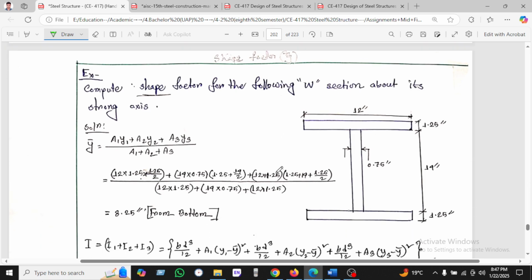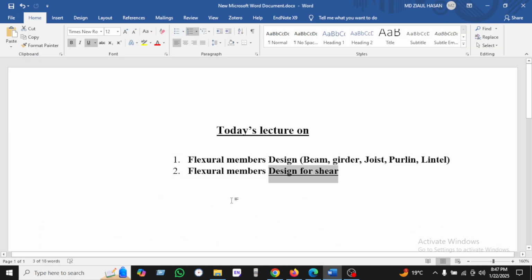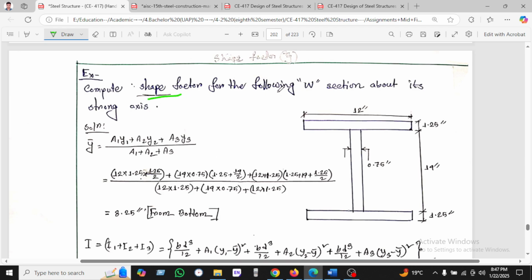Now we are seeing an extra problem. We compute the shape factor of the following W section about the strong axis.